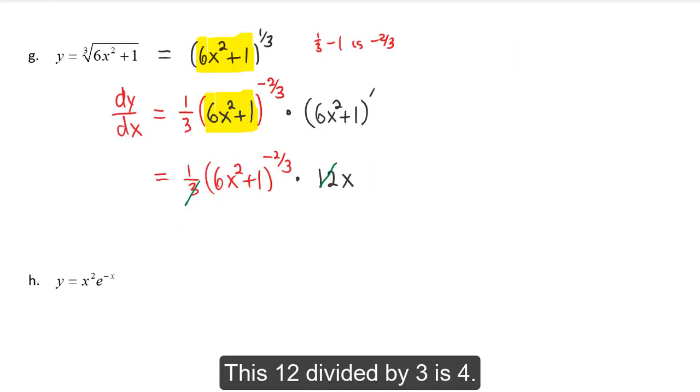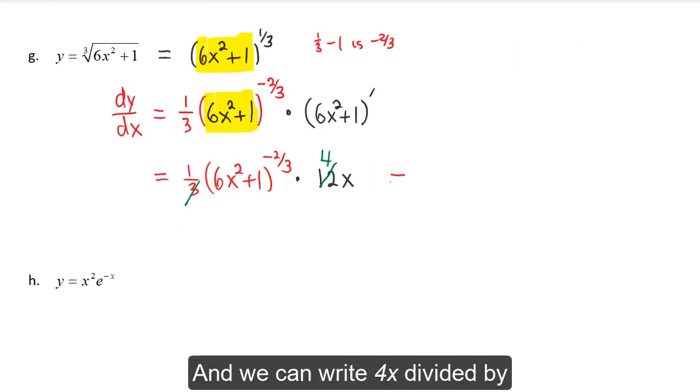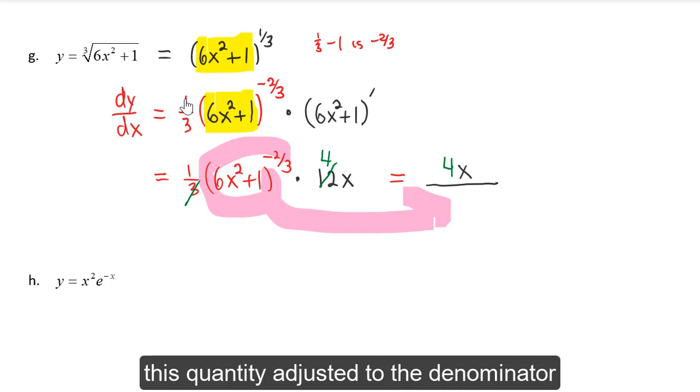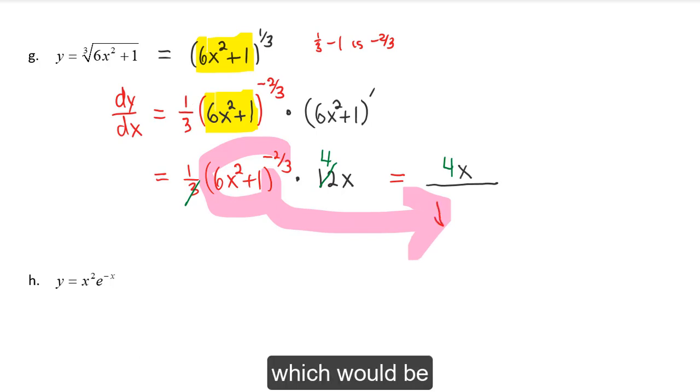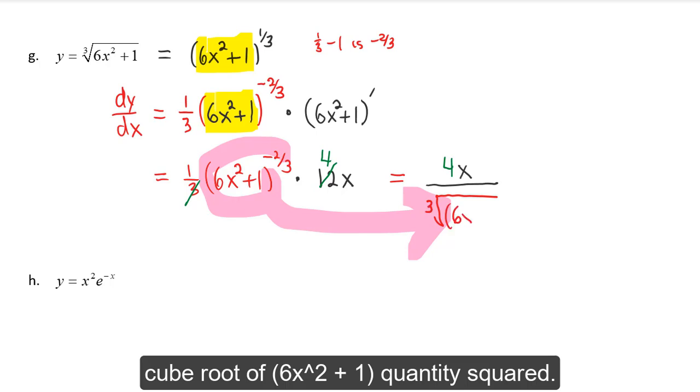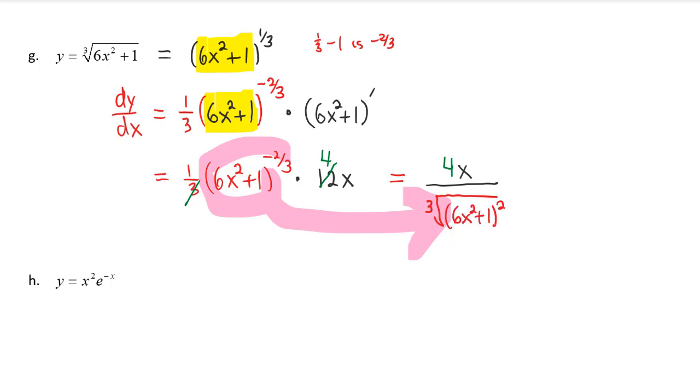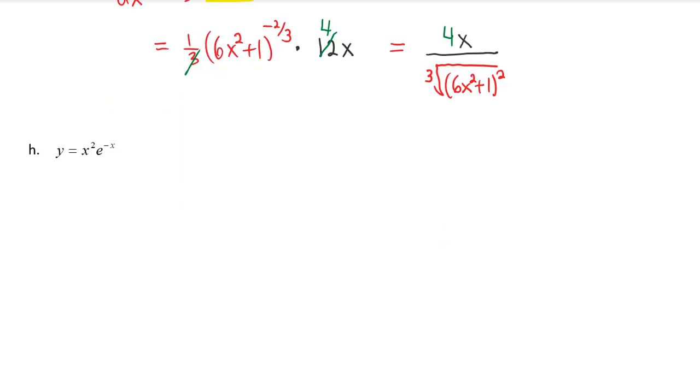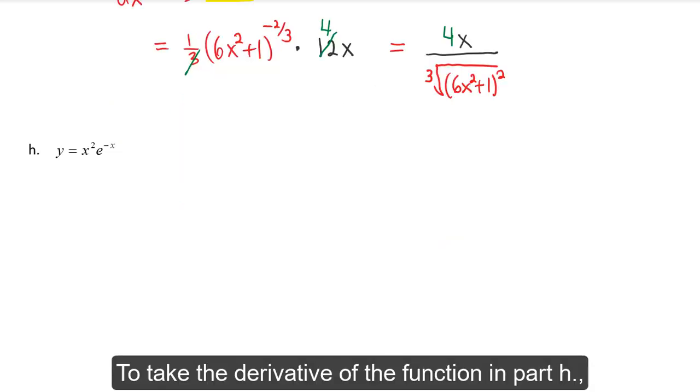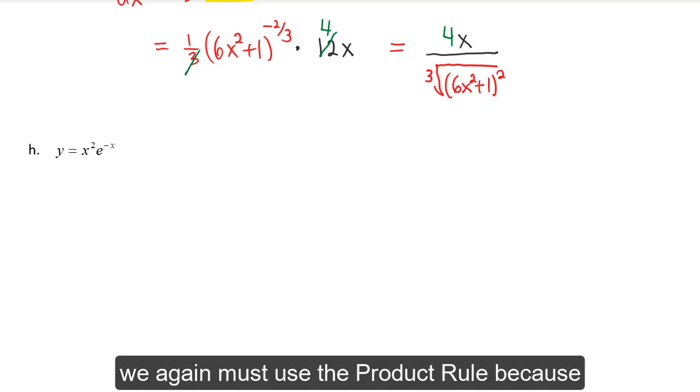This 12 divided by 3 is 4, and we can write 4 times x divided by this quantity adjusted to the denominator in radical form, which would be the cube root of 6x squared plus 1 quantity squared.